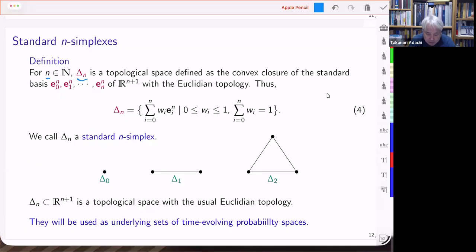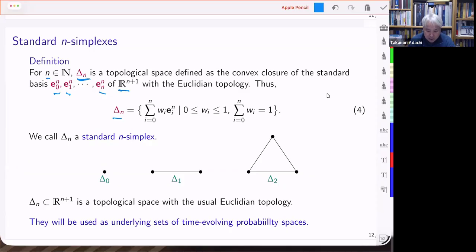This Delta n is a subspace of the (n plus 1)-dimensional Euclidean space R^(n+1). Because this is a finite dimensional vector space, we have the basis vectors e0 to en, the n plus 1 usual standard basis, like 1, 0, 0, and 0, 1, 0, and so on.